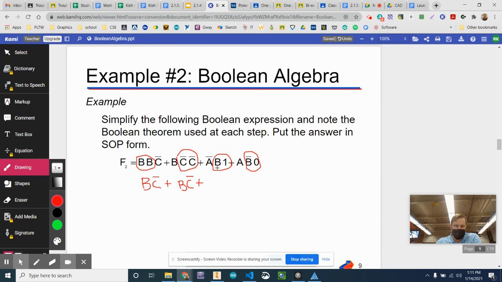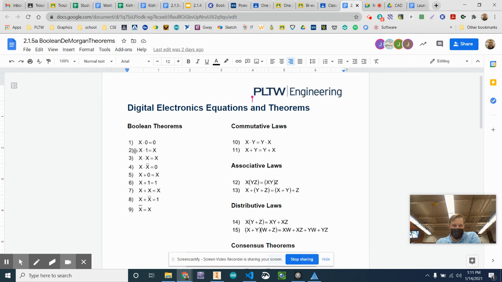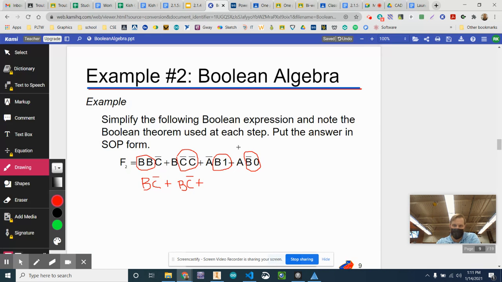All right, and then we have this one, okay, B into 1 and not B into 0. And let's go take a look. So rule number 2, X and the 1 is X. Okay, and then X into 0 is 0. Okay, so in both cases, the one with the 0 is reducing to a 0. The one with the 1 is reducing to a 1.